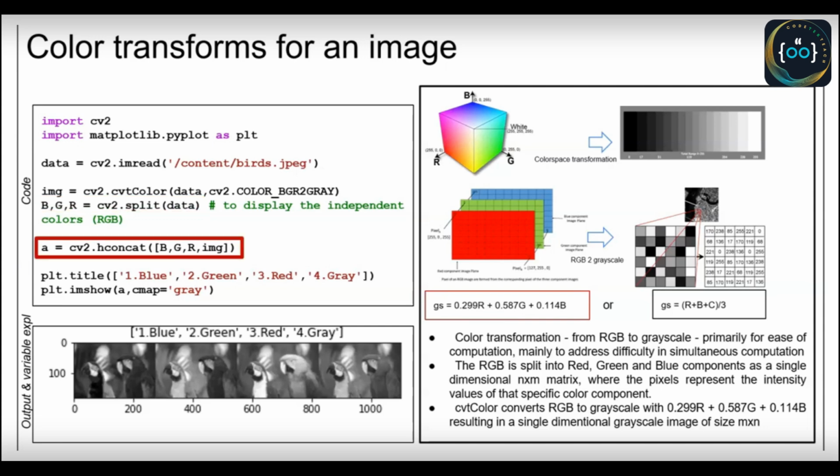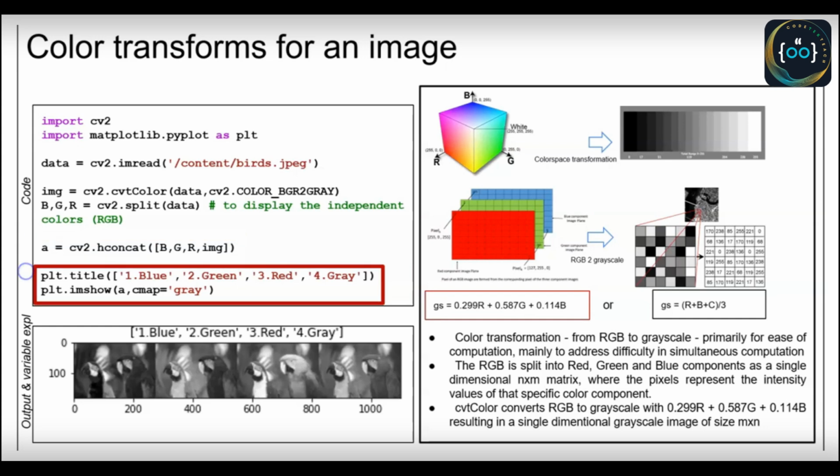Next, we concatenate, or join side by side, the three color component images and the grayscale image to create a new image. Finally, we display this new image using Matplotlib's pyplot with a title for each part of the image.